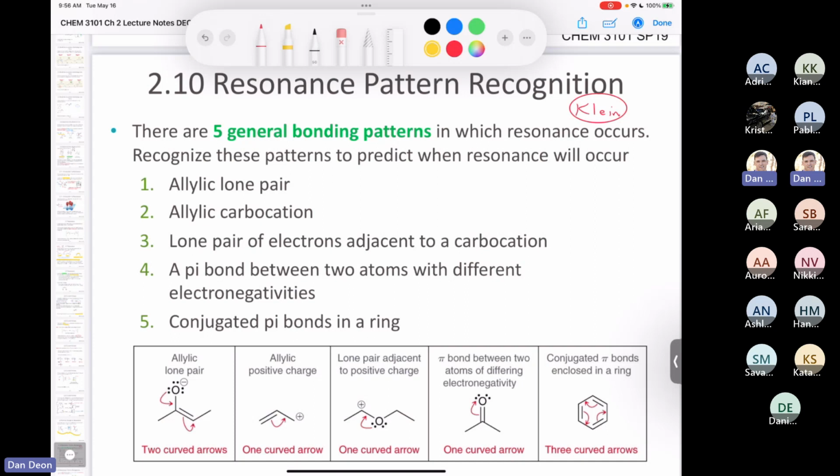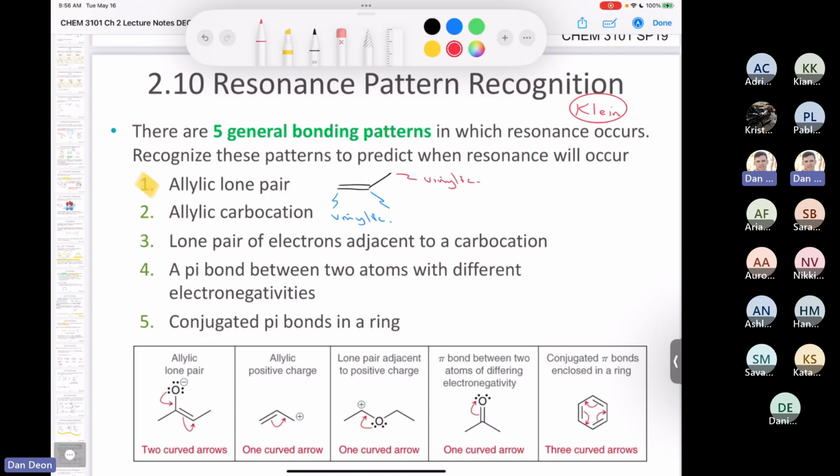So the first one is an allylic lone pair. First, if you're wondering, what does allylic mean? If we have a double bond, the positions of the carbons that are part of the double bond, we say these are vinylic positions. But if you go one atom away from a double bond, we call this an allylic position.